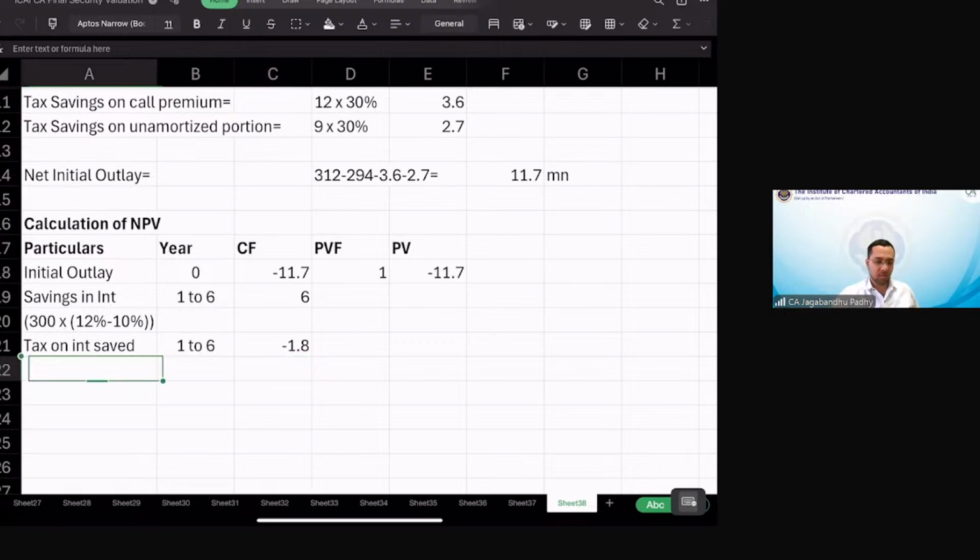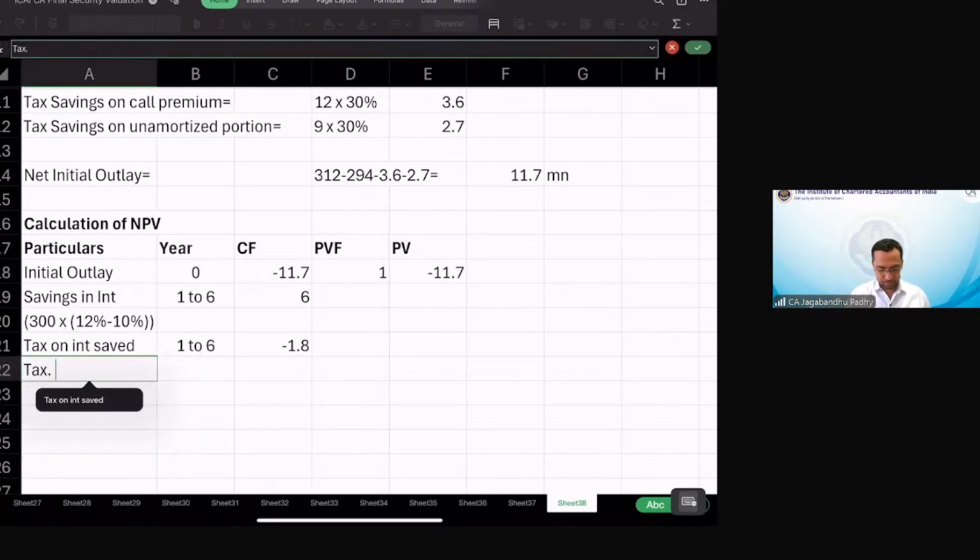Right? Then we will say tax savings, not tax saving, but rather tax on incremental amortization.